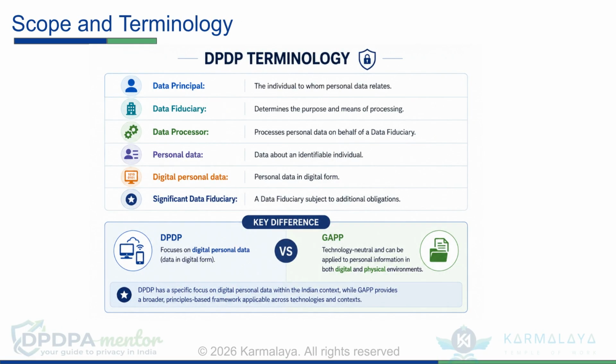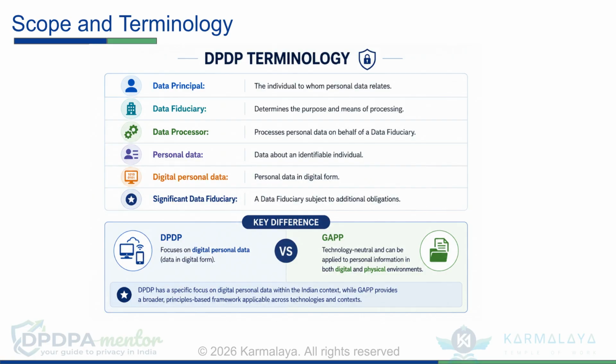Key terminology includes data principals, data fiduciaries, and data processors. The main difference lies in DPDP's specific focus on digital personal data within India. The DPDP Act uses the term data fiduciary rather than data controller. The data fiduciary remains responsible for compliance even when processing is outsourced to a data processor.